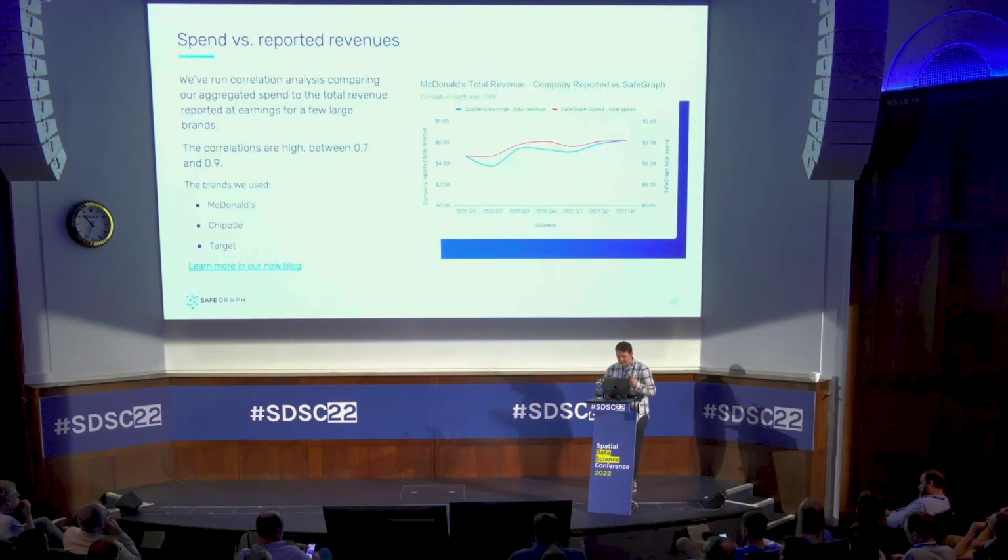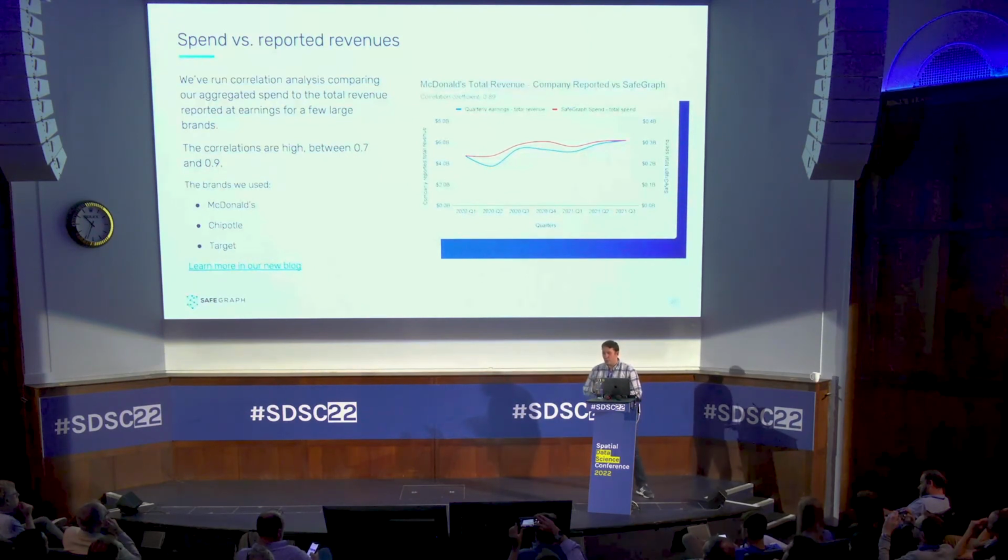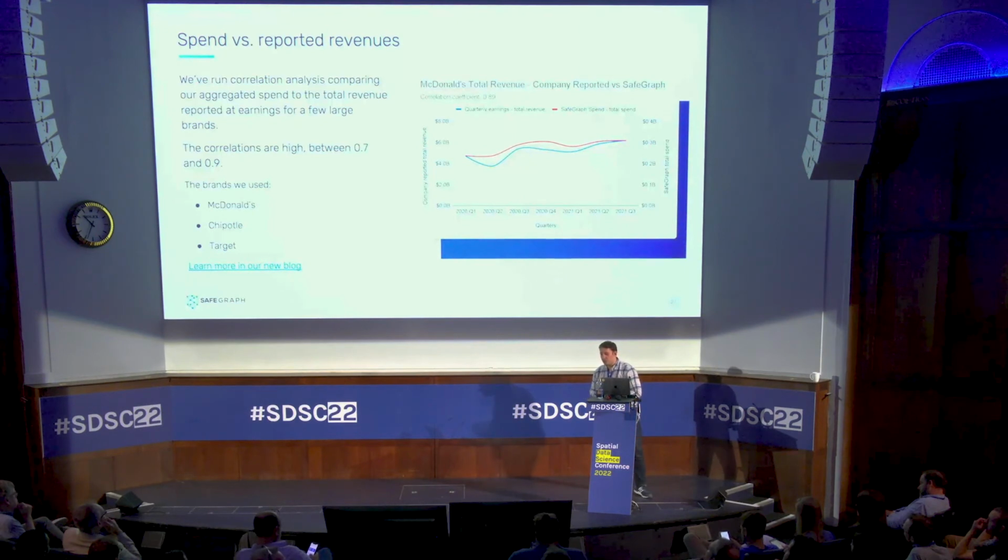I talked a little bit about the validation and how we think about our patterns product and how we think about building that. When you are thinking about building something akin to consumer spending and enriching your points of interest with consumer spending data, one of the ways that we think about validation is understanding how it correlates to what a company has reported on their quarterly earnings.